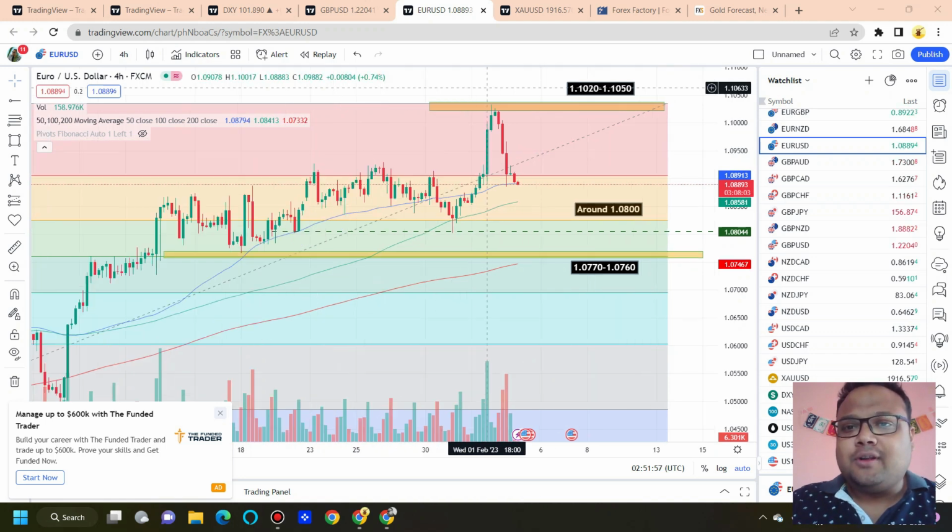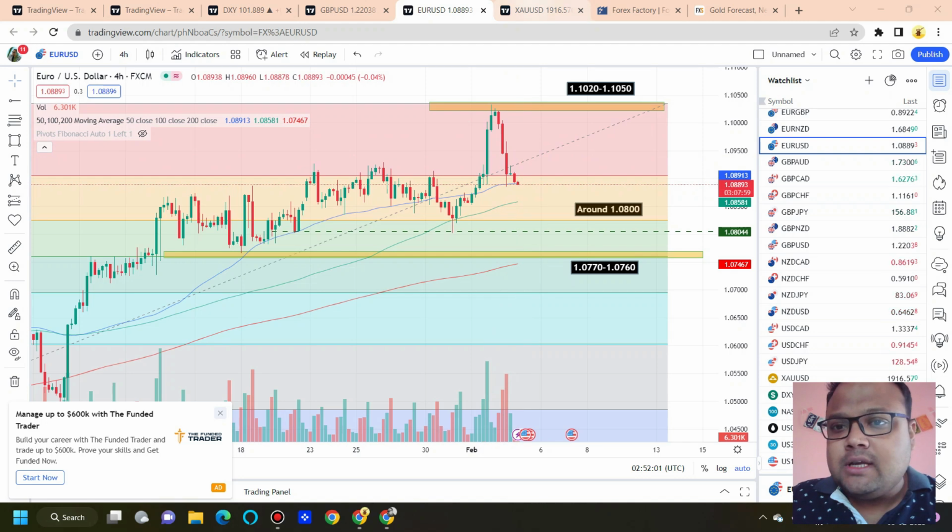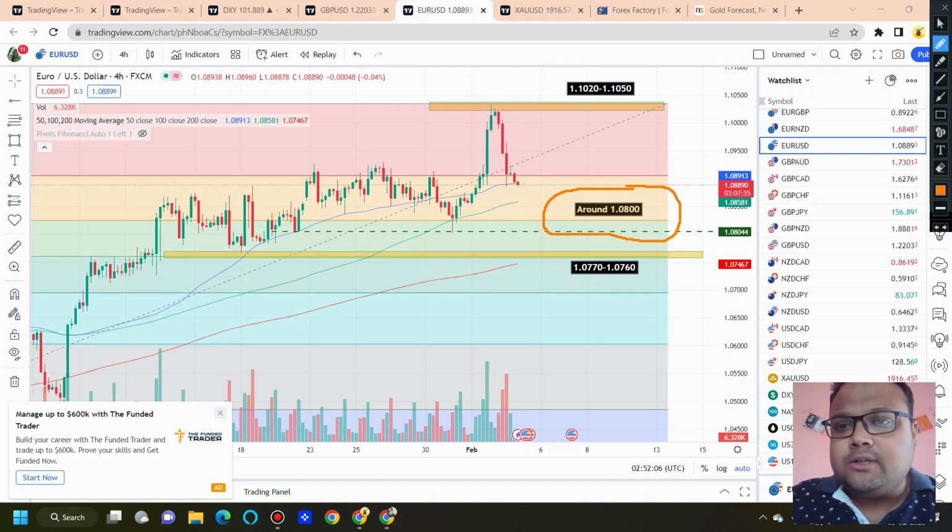So first of all, if the market comes down, already the market is under the dominance of sellers. So if the market comes down to the support level of 1.0800 or around 1.0800, it can be 1.0805 also, it can be 1.0795 also. If the market comes down to this level, observe the market.